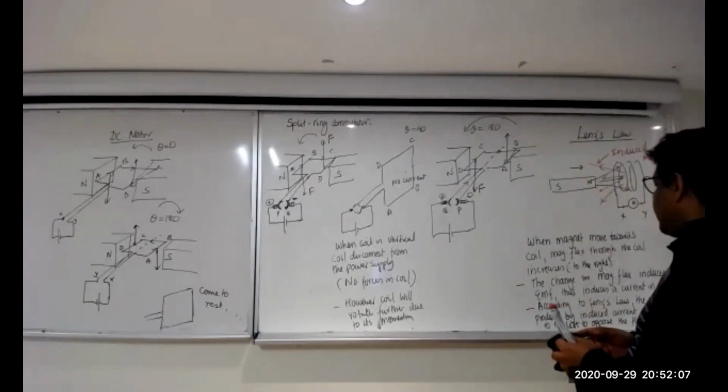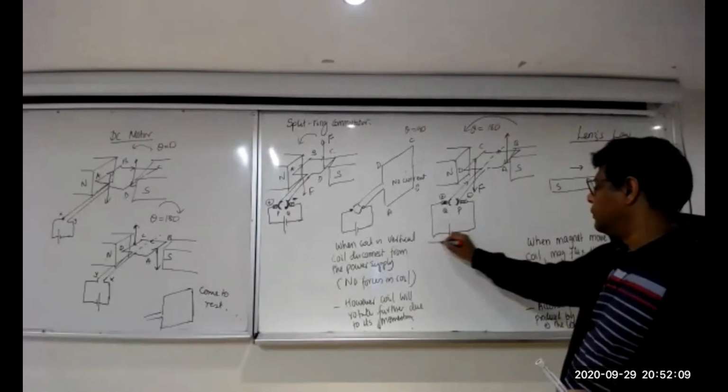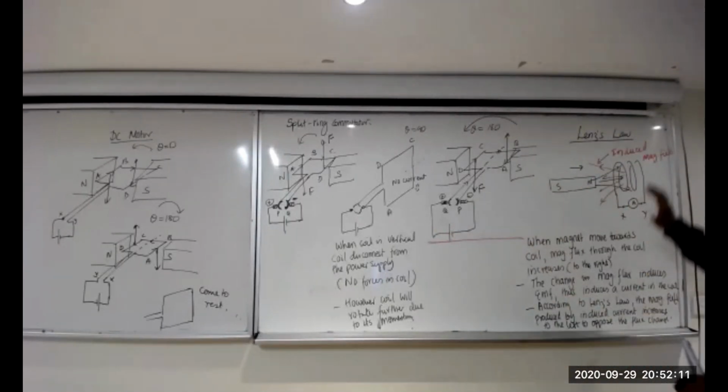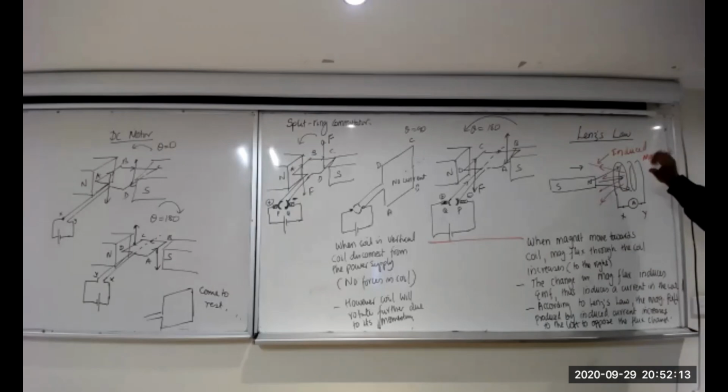So then you have to use the right hand grip rule. I need a magnetic field. I'm using my thumb for the magnetic field. This is the induced magnetic field, and curling my fingers around.